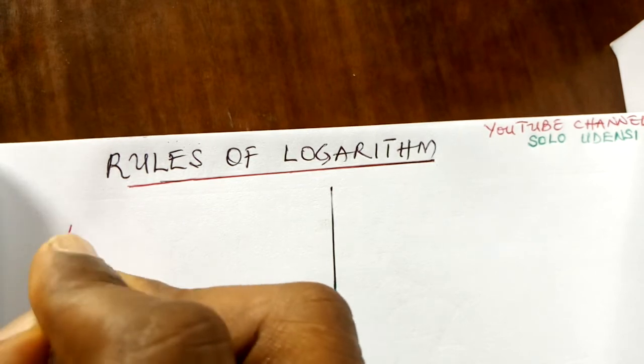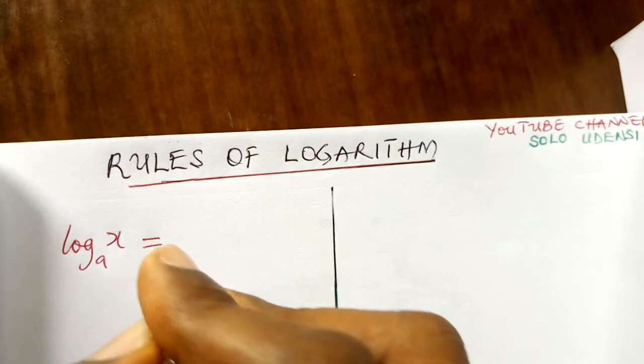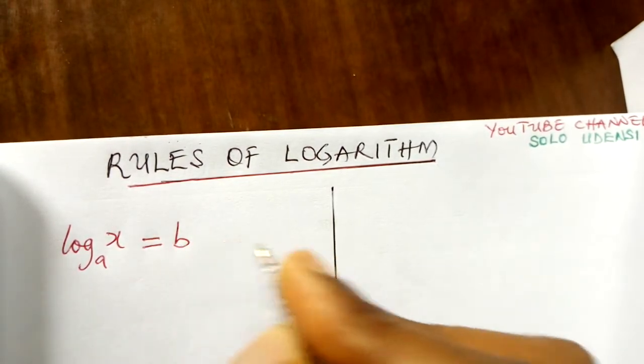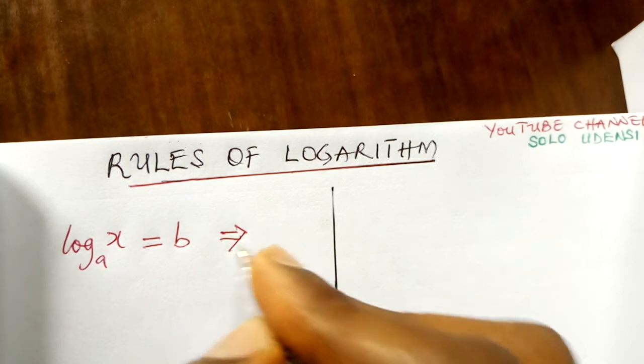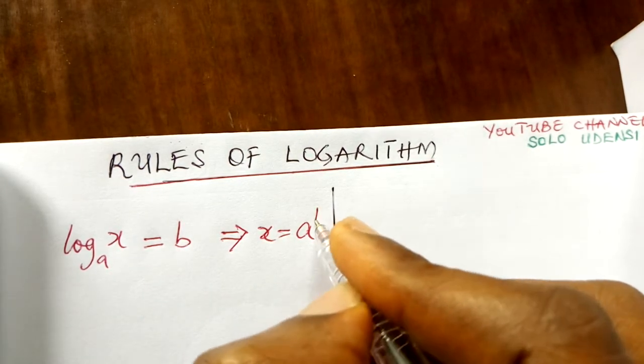So if we have log_a x and we say that is equal to b, this implies that x must be equal to a raised to power b.